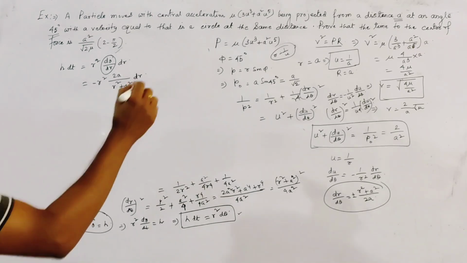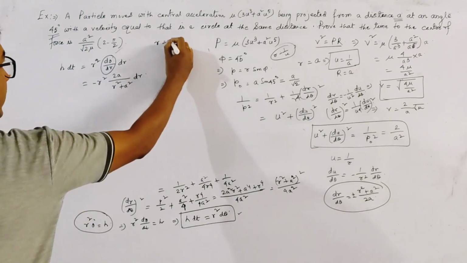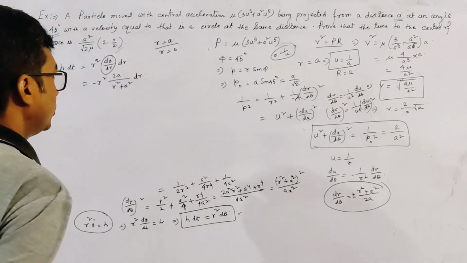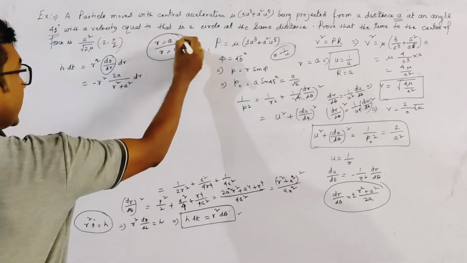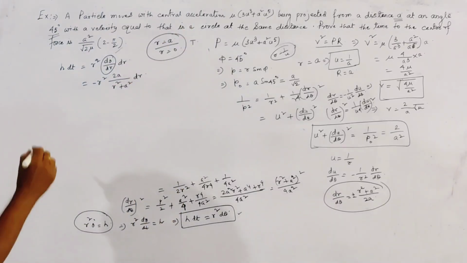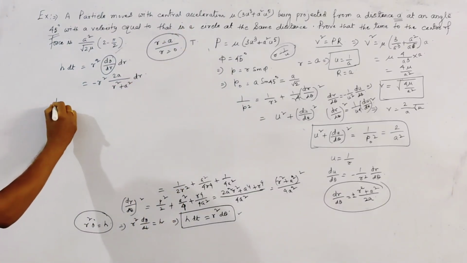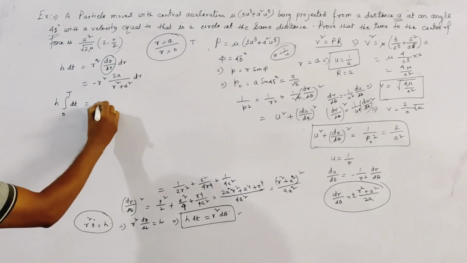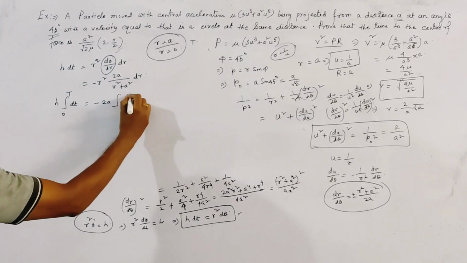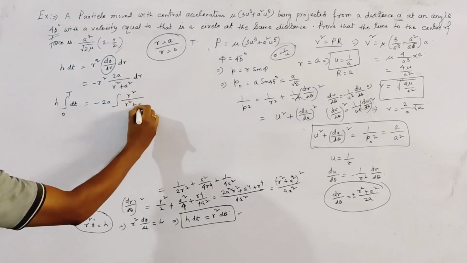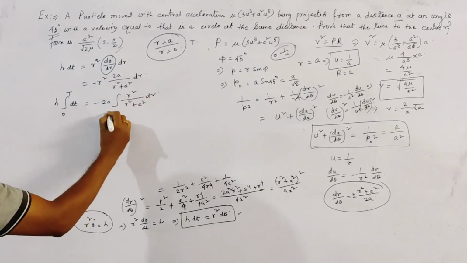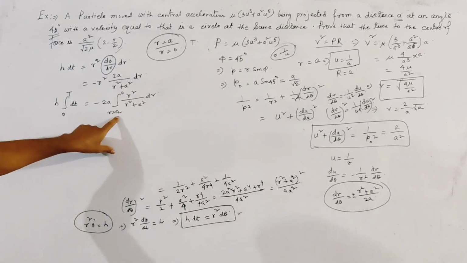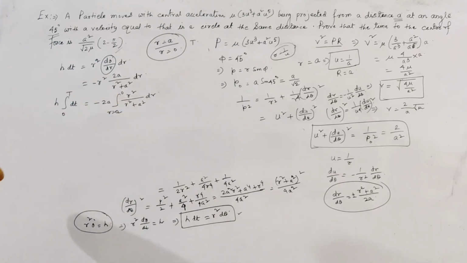Now initially it is given that r equal to a, and at the center of force we know that r equal to 0. Let capital T be the required time, then we integrate this result as h into integration 0 to capital T dt, equal to minus 2a into integration of r square by r square plus a square into dr. The range is r equal to a to 0, because this is the initial position and this is the center of force, the final position.